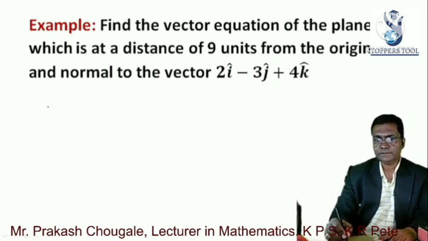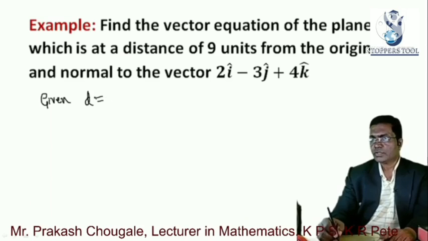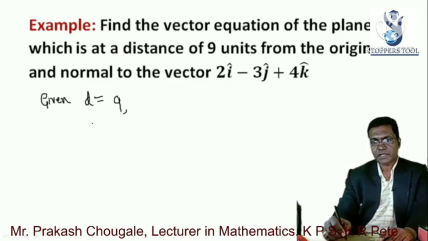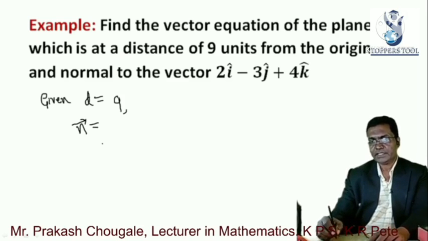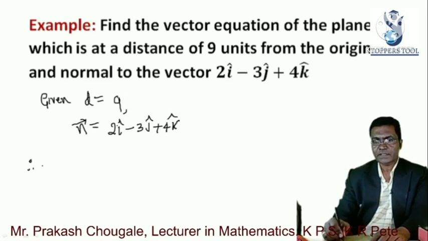So here you are given d. The distance of the plane from the origin is 9, d is given, and vector n is given: 2i cap minus 3j cap plus 4k cap. So you have to find n cap.